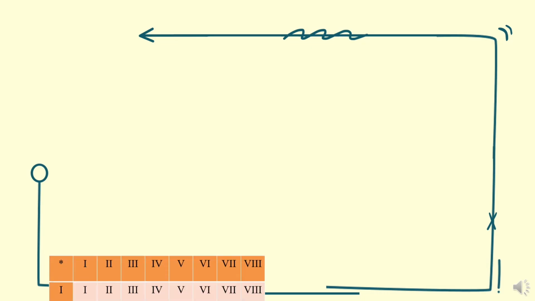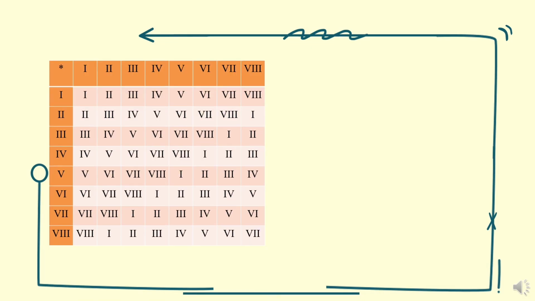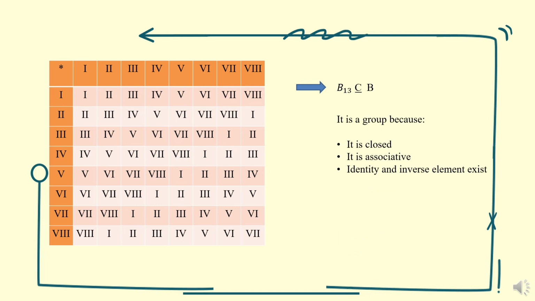Next one, the proper subgroup that contains 8 elements. In this, the set of Roman numerals 1, 2, 3, 4, 5, 6, 7, and 8 under the binary operation star is a proper subgroup of B. So, B13 is a proper subgroup of B. It is a group because it is closed.